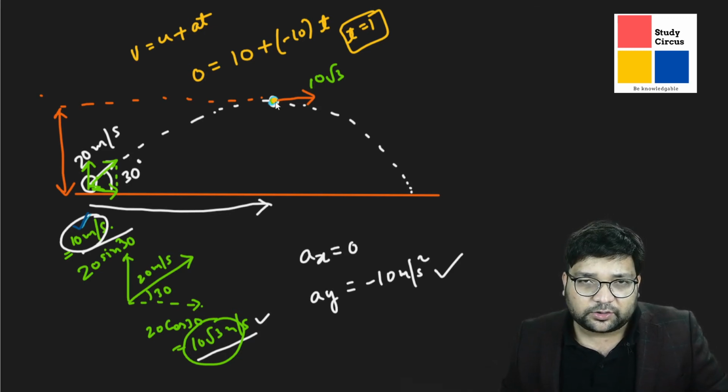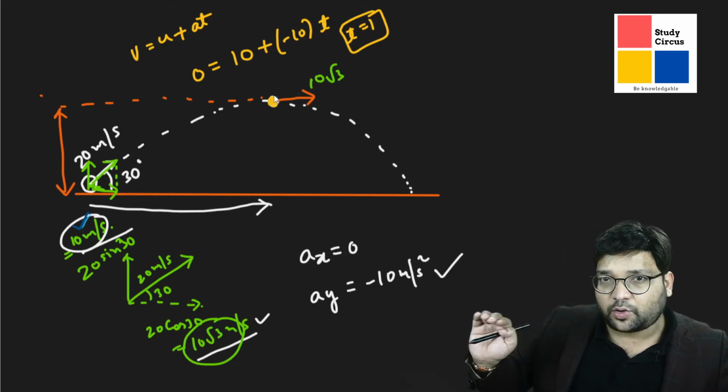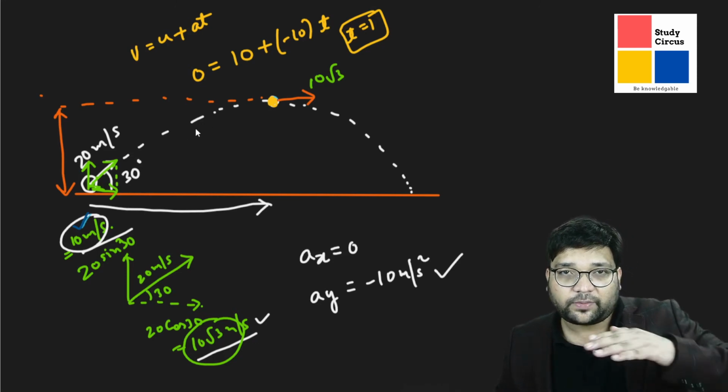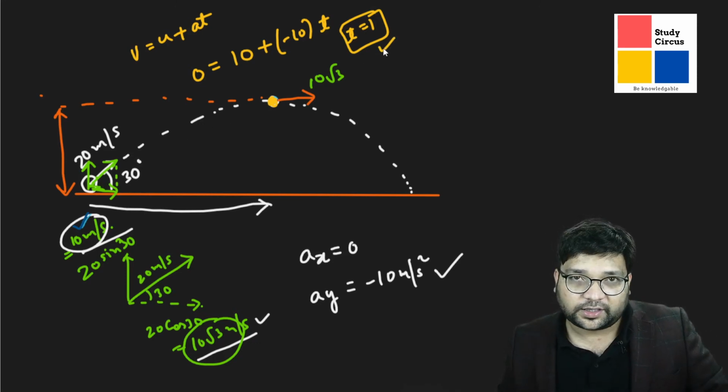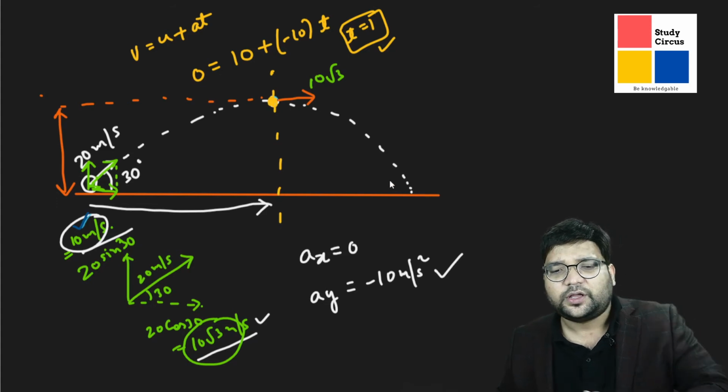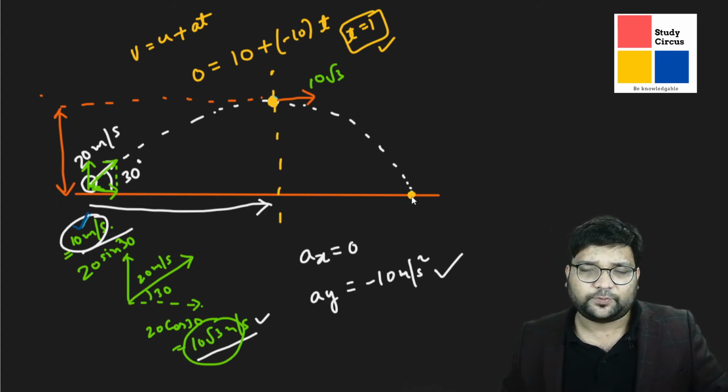At this point it has only one component, the horizontal component. It is no more moving upwards. So to reach the maximum height it took 1 second. And the whole journey is symmetrical, so another 1 second it will take to reach the finish point.